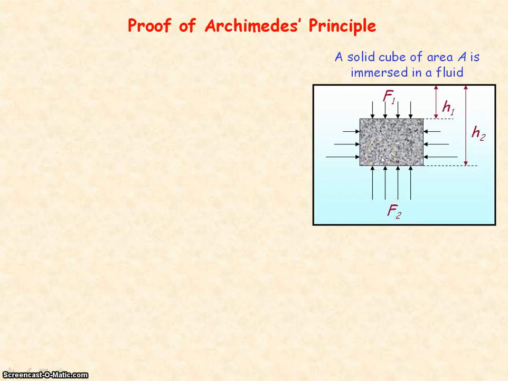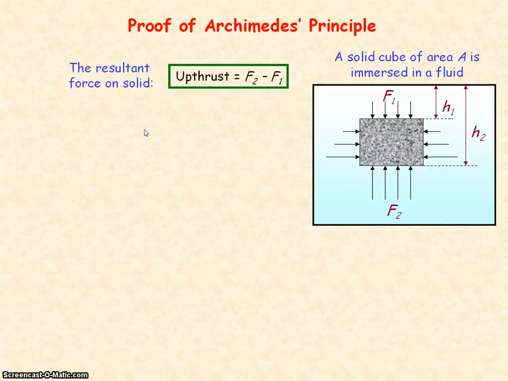So here we have an object which is fully immersed in a fluid, and the fluid exerts a force of F2 on its lower surface and a force of F1 on its upper surface. And so the resultant force, F2 minus F1, will equal the upthrust.